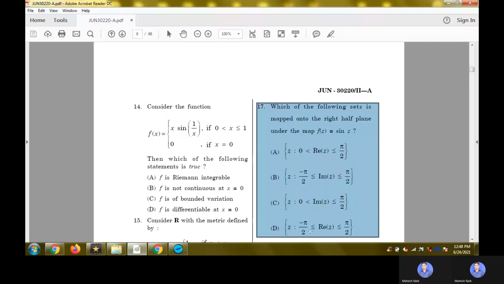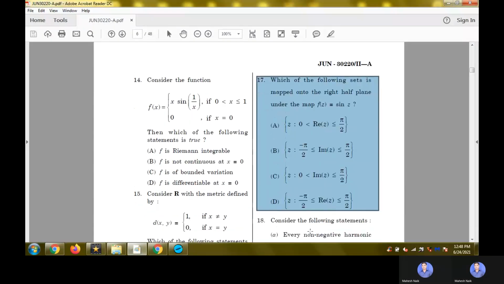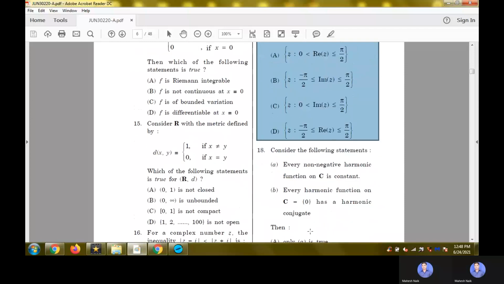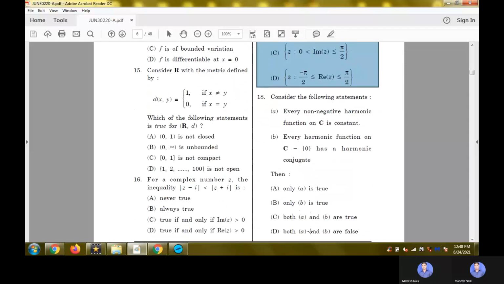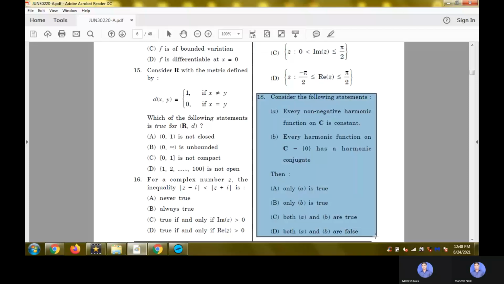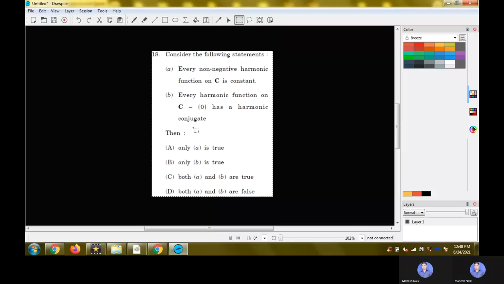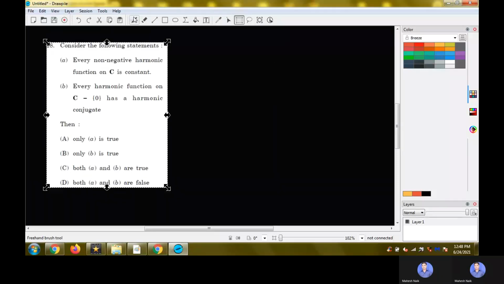Next, we have question number 18. So in this case, we have two statements and we need to analyze them.